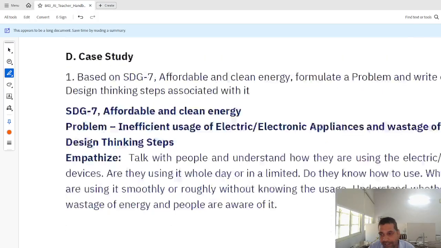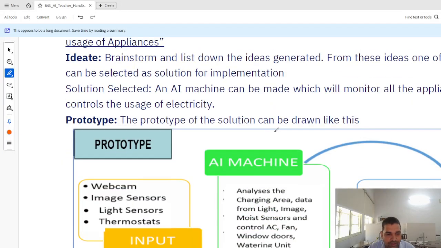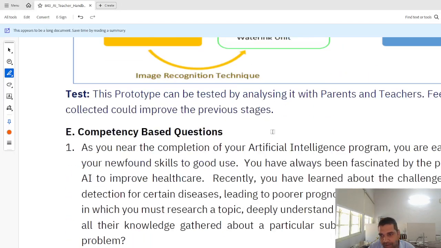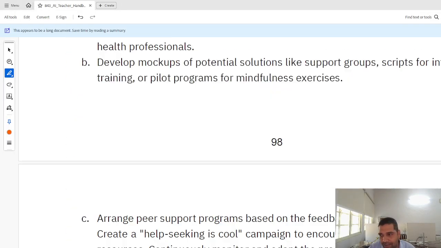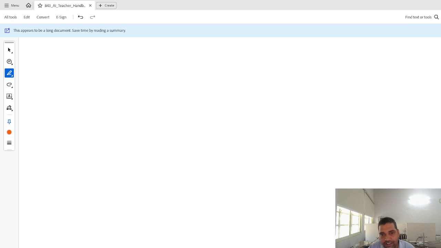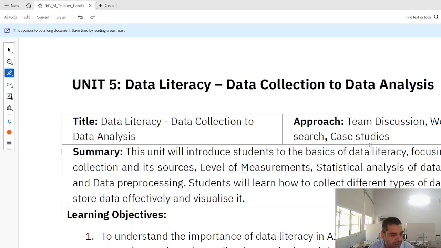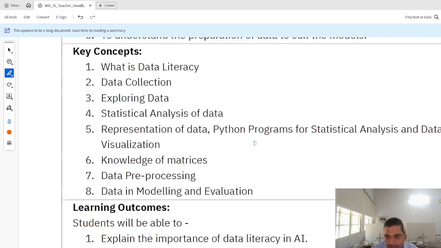Collecting the data is a complex task. How you collect the data, and after collecting it, analyzing is another challenge. So in this unit we'll discuss everything from data collection to data analysis. That is all about data literacy.